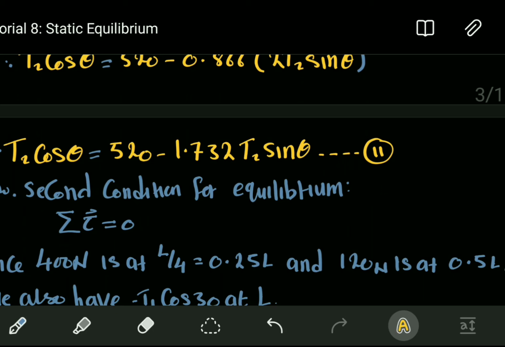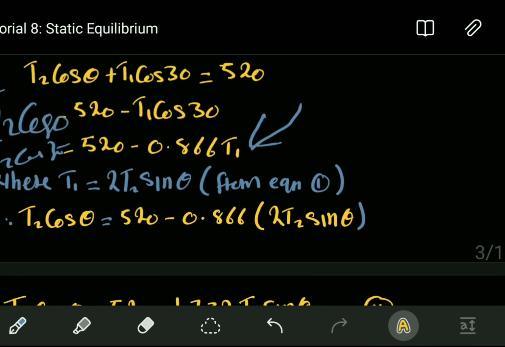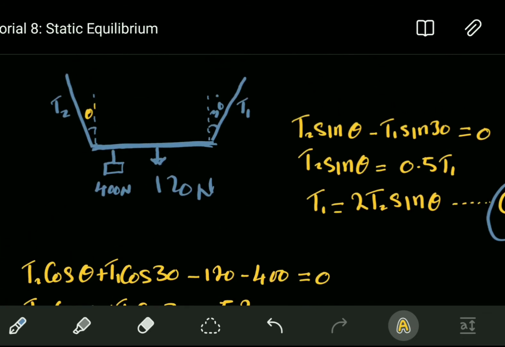So now we consider the second condition for equilibrium. For this system both conditions apply. The second condition requires that the vector sum of the torques must equal 0. According to this system, let me start with the 120 newton weight of this board, which is located at the center.